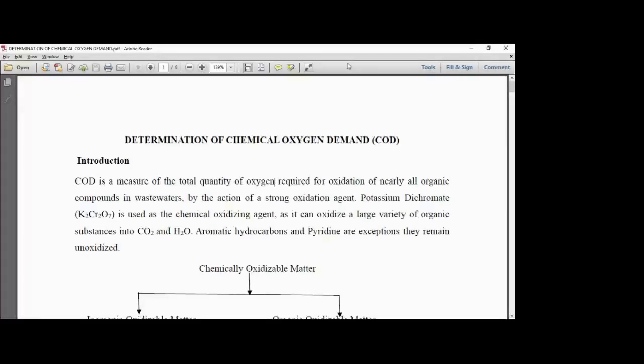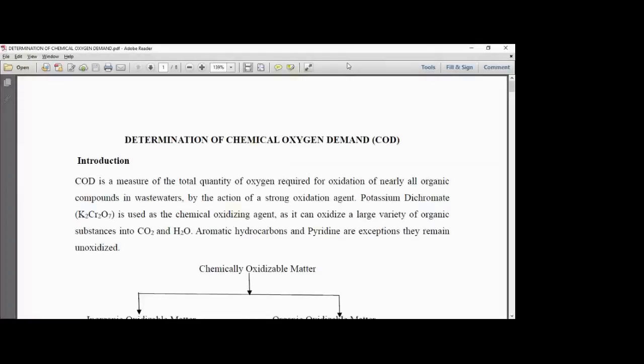So if I get a BOD value like 2000 mg per liter for one sample, let's say sample A, and I get a BOD value of 100 mg per liter for another sample, let's say sample B, then sample A is more polluted. Why? Because for the oxidation of all the organic matter, it requires more oxygen, that is 2000 mg per liter.